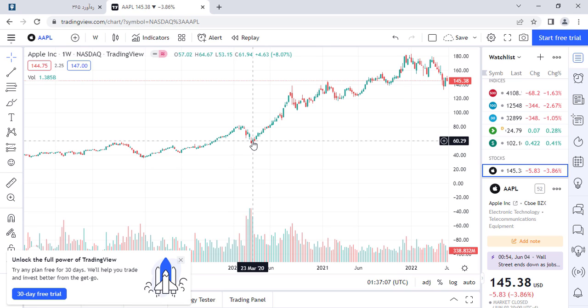So it's important to find out the major movement and the whole mindset of the traders, whether increasing or decreasing. It's very important.